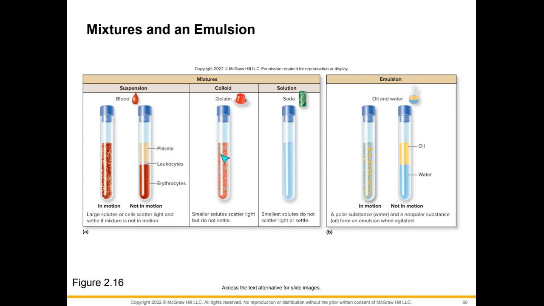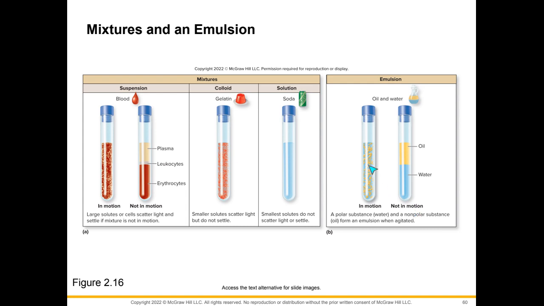An example of a colloid would be gelatin, which has protein or particles that do not settle. An emulsion is what you get if you mix oil and water, in which the polar molecule, water, and the nonpolar molecule form an emulsion.